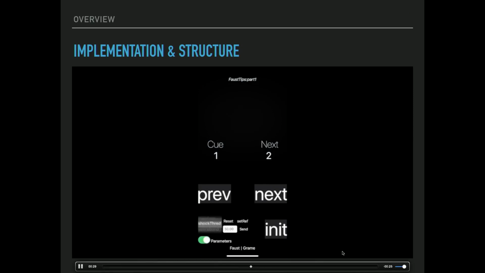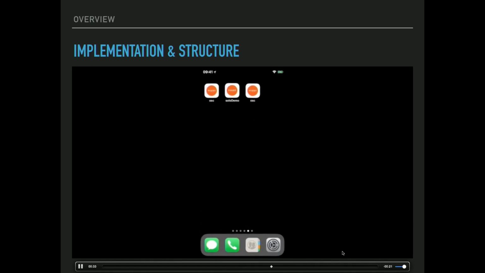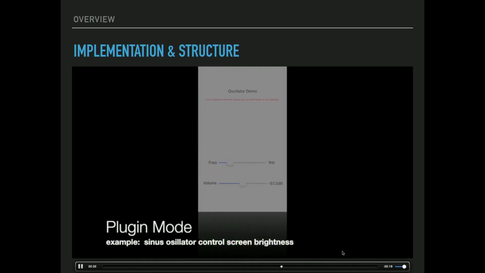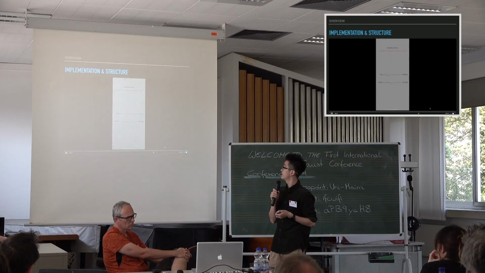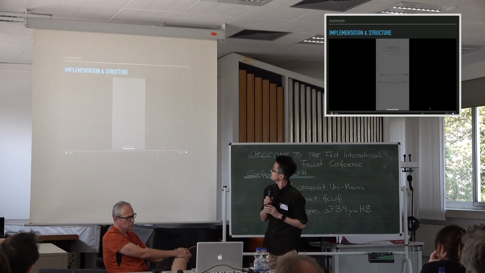We have also some interfaces to change the parameters in motion mode. And the third mode is plug-in mode. We use the same sinus oscillators to change, for example, the screen brightness, as you can see.